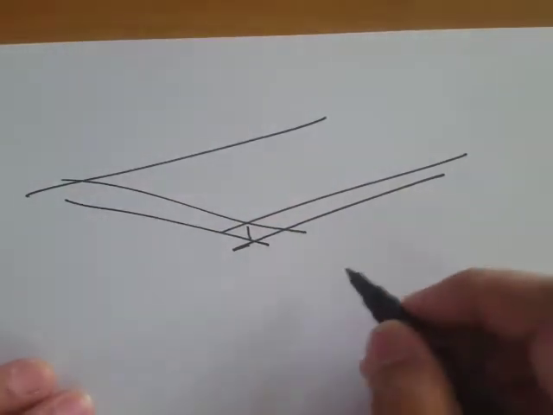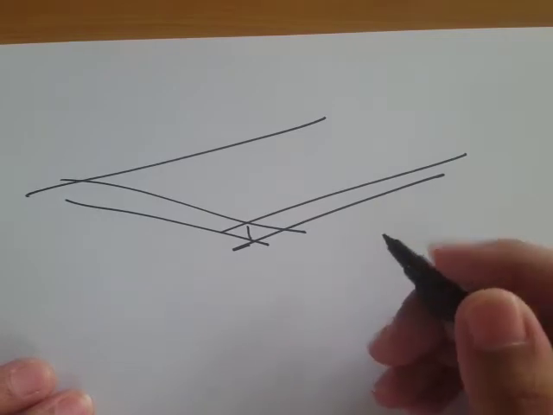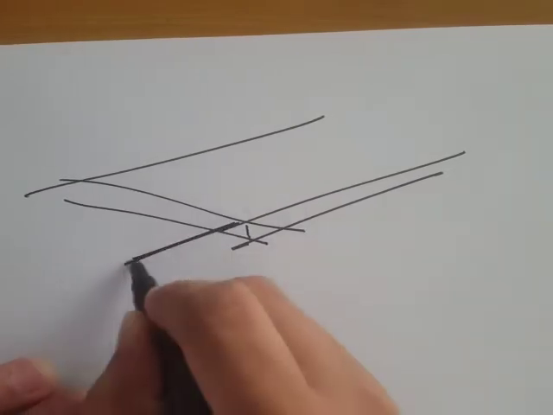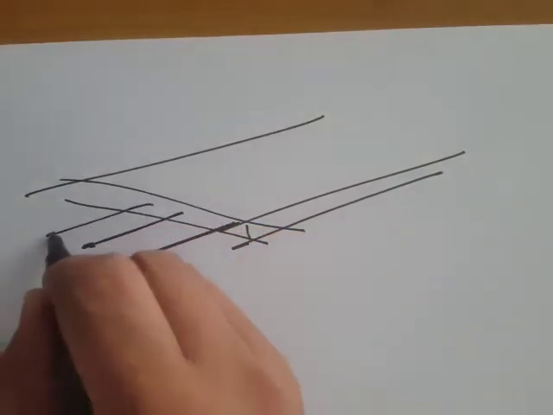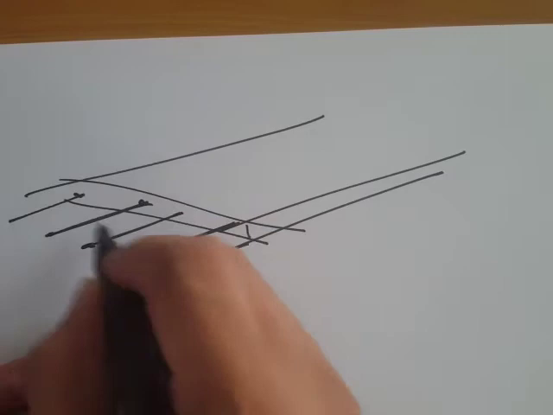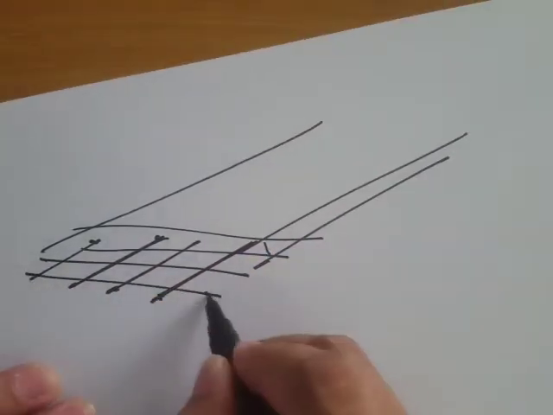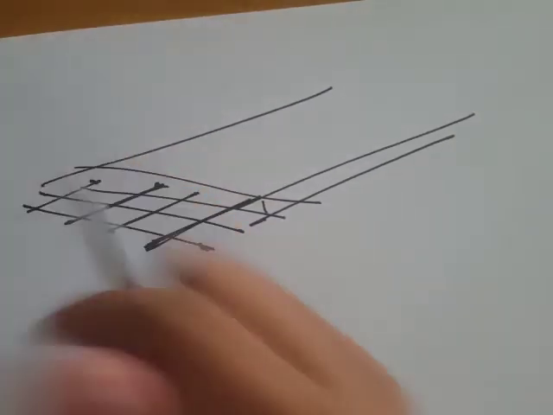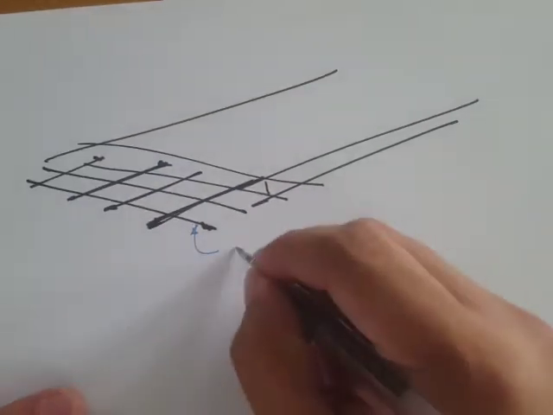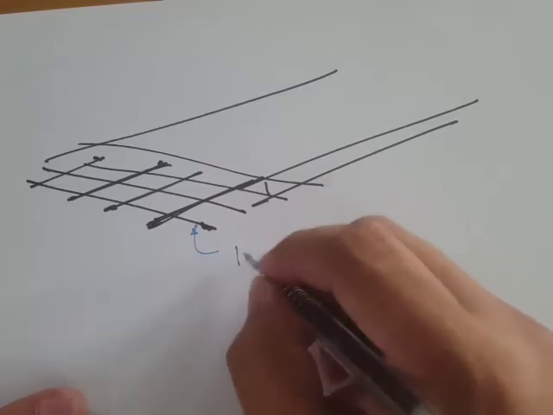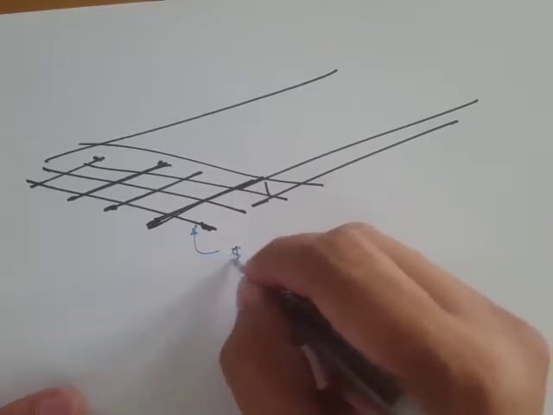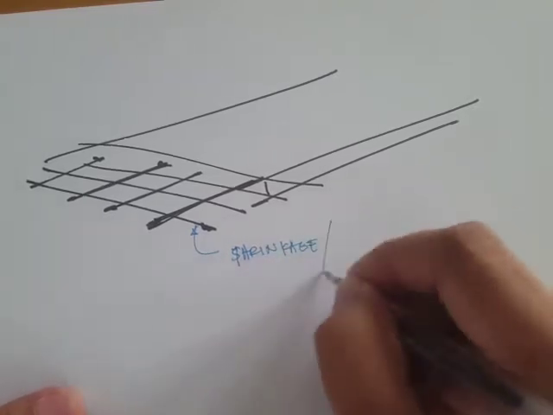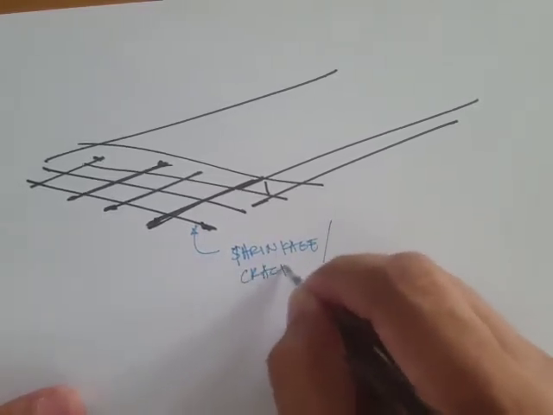Let's say this is the slab on grade. When we say slab on grade, that's actually slab on ground. We have bars both ways, and these reinforcing bars are, I think, for temperature control, or shrinkage control, or cracking control.